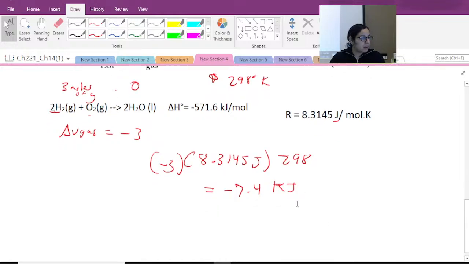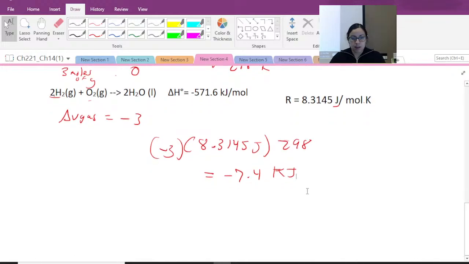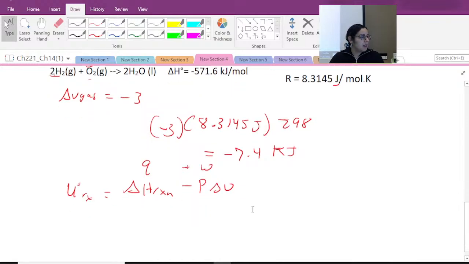And so we could then figure out our total internal energy. So U of our reaction is given by our delta heat of the reaction minus our P delta V. That was just Q plus work essentially. So just re-simplifying. Now let's get our true value. We were given our delta heat of the reaction, -571.6.